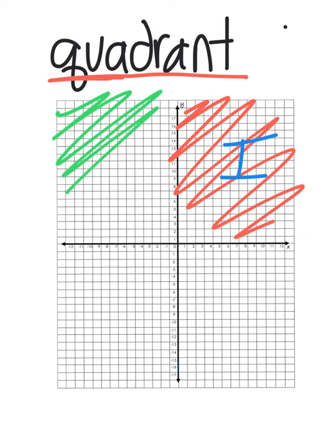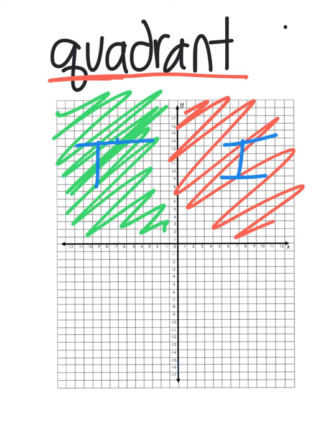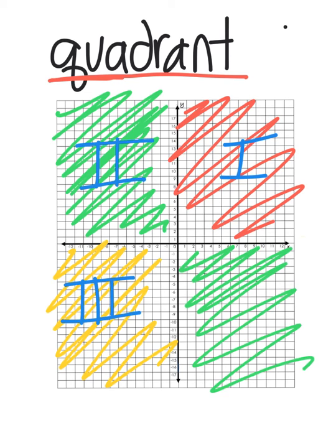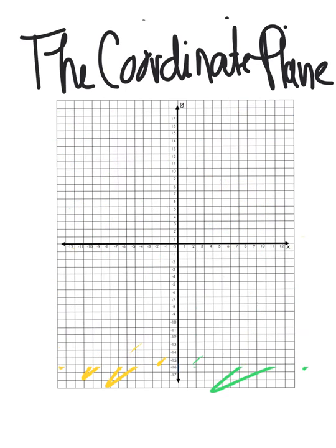Quadrant 2 would be this area over here. Quadrant 3 would be down here. And quadrant 4 is this area over here. Again, in 5th grade, we mostly focus on quadrant 1, but we're going to talk about quadrants 2, 3, and 4 and plot some points in those areas as well.